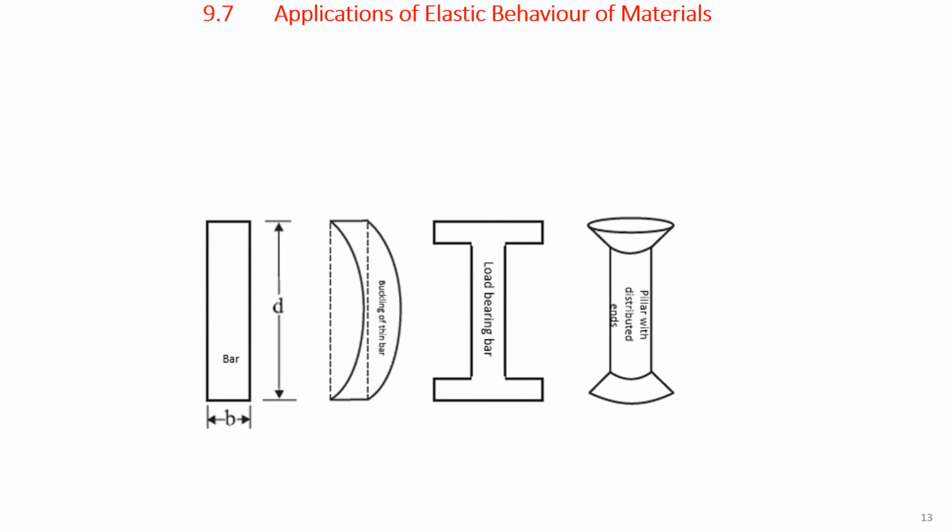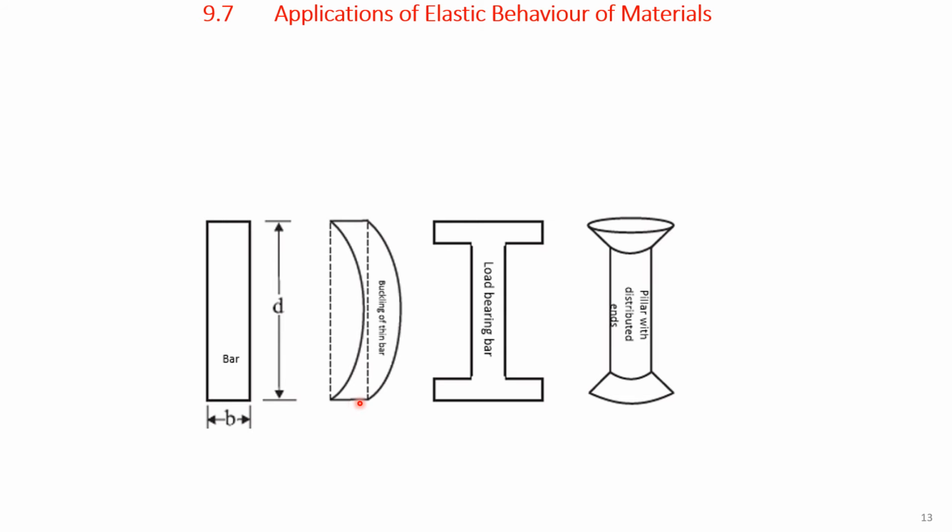The figure below shows different forms of bars and pillars that are used in the design of buildings. The first one is a bar with thickness B and length D. These are designed using the knowledge of elastic behavior of materials.